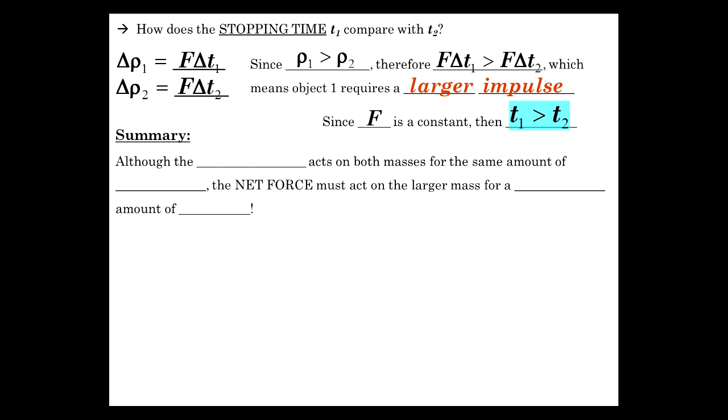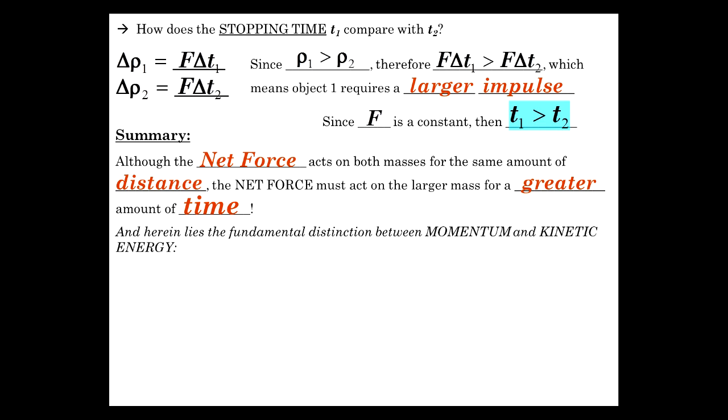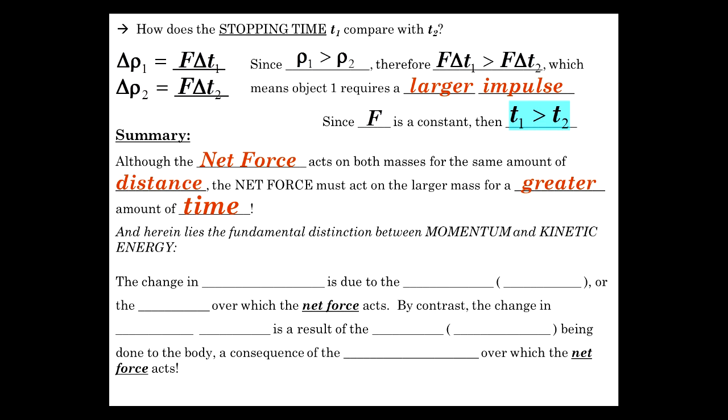So to summarize this, the net force acts on both masses for the same amount of distance. So the distance that the net force acted, which is just that applied force F, is the same. But the net force must act on the larger mass for a greater amount of time, even though the distance is the same. All right?